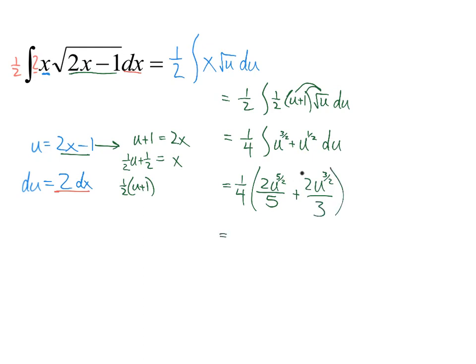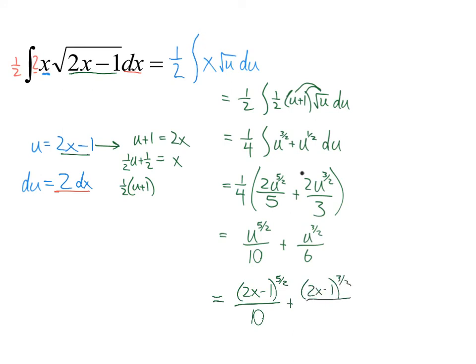I just distribute my 4 in, and I've got u to the 5/2 over 10 plus a u to the 3/2 over 6. The 4 cancels out the 2's. Alright, final answer gotta be in terms of x, so now I just put my 2x minus 1 back in. And I don't forget the plus c.